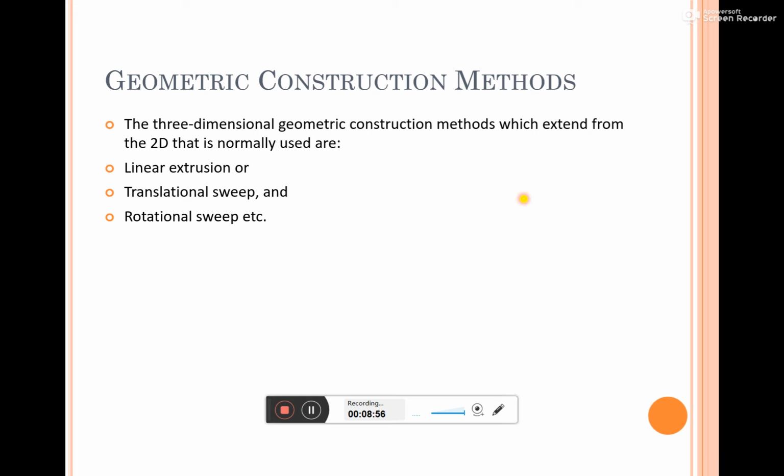By using these features we can develop the 3D models from 2D surfaces, two-dimensional views. By using these different features we can convert them into the 3D model, using a linear extrusion, translation sweep or rotational sweep.